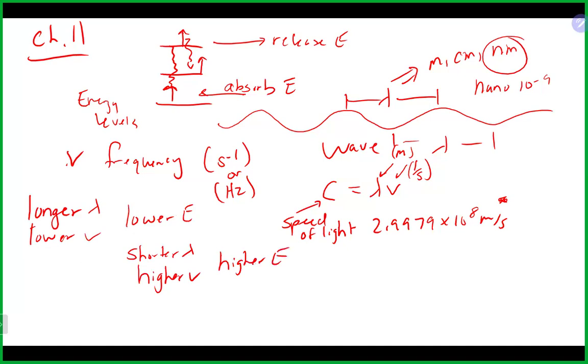So as these electrons transition from one energy level to the next, especially if they're going from a higher energy level to a lower energy level, the atom will release that amount of energy. Depending on the wavelength of that energy, for example, it could be in the visible part of the spectrum where we see colors.